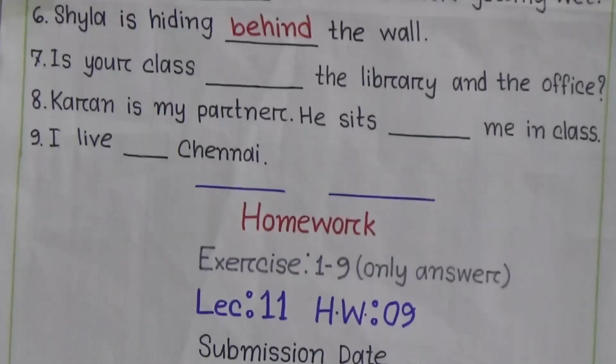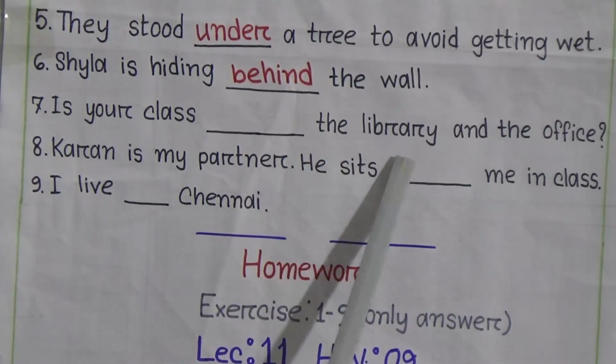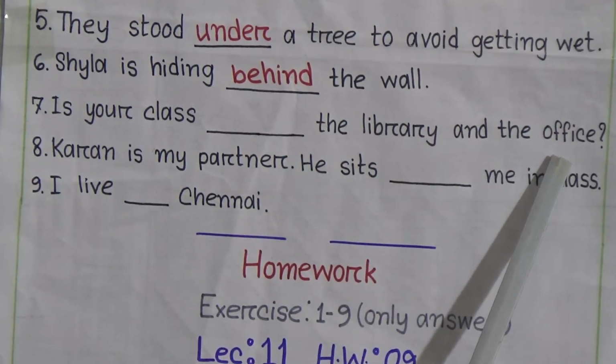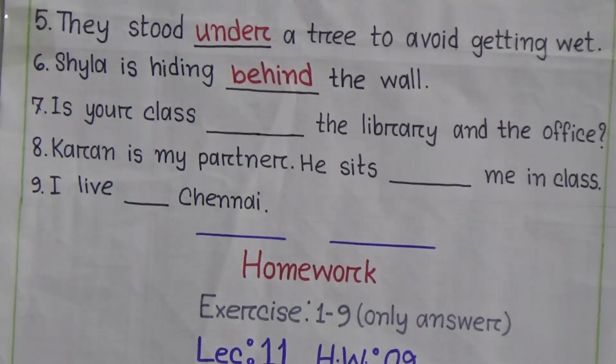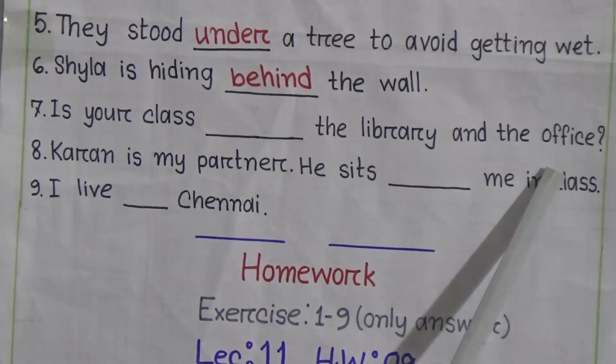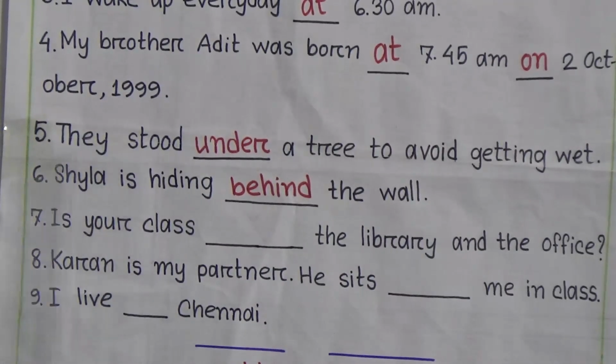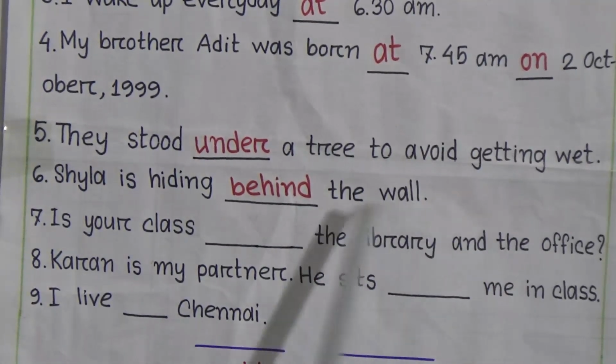Okay, now number 7. Is your class dash the library and the office? Okay, I'm repeating. Is your class dash the library and the office? Students, here we find the library and the office. Two nouns. So we have to compare between two.